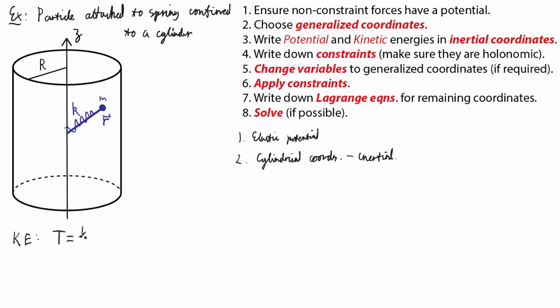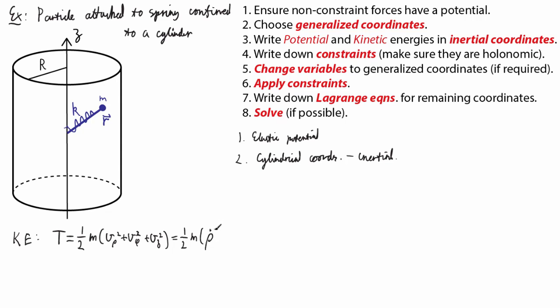So the kinetic energy in cylindrical coordinates here, we have 1/2 m times the velocity in the rho direction squared plus the velocity in the phi direction squared and the velocity in the z direction squared. Okay, so that's 1/2 m.